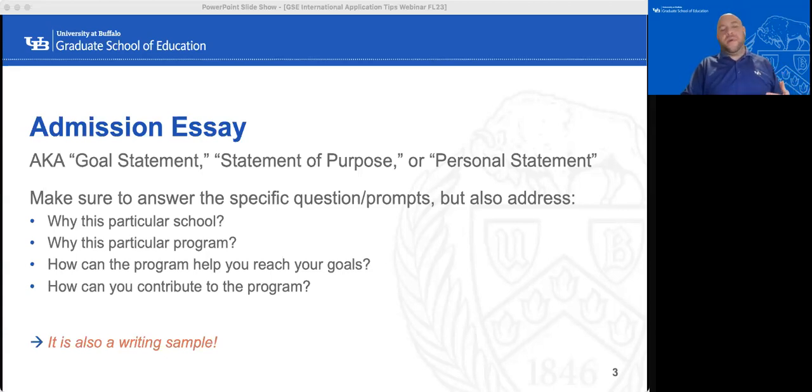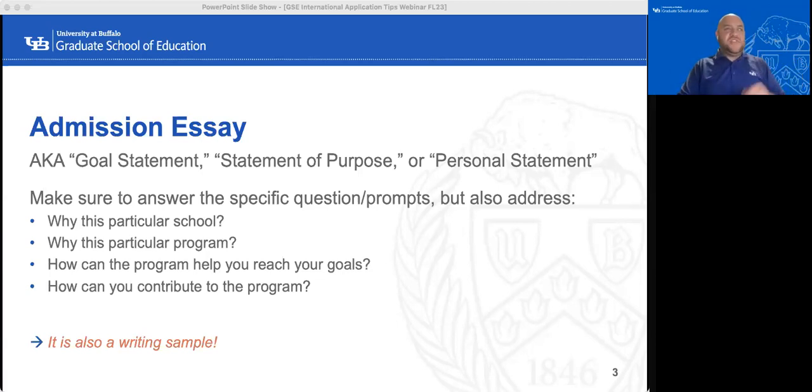That's a really important part of the application, because from the faculty side, it shows that you've taken the time to read the website and understand what is required of you. On top of that, it speaks to why the faculty or the coursework in this program is the right fit for you.